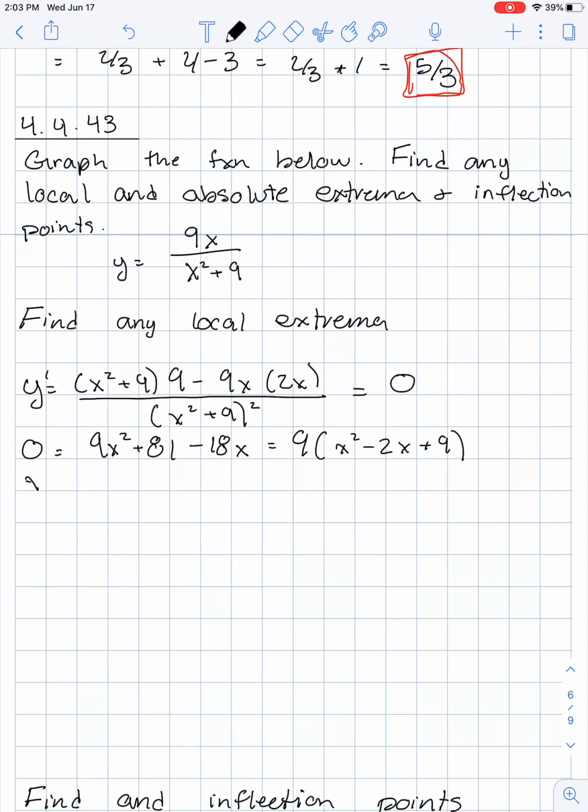Let's do the quadratic formula. So x is equal to -b plus or minus, wait, no. Sorry, the square root of b squared minus 4 times 1 times 9. Did I do this right? Hold up.